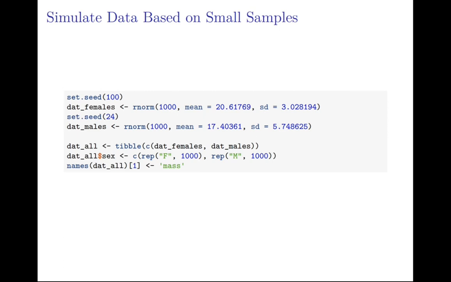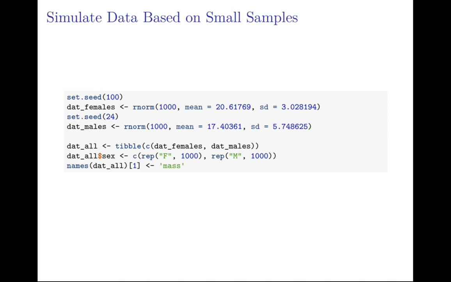It's often normally distributed. You could set your seed to 100 for females, and draw 1,000 draws from a normal distribution with a mean of your data from before, that 20.6, and a standard deviation of 3. You could do the same for your males, where you draw a bunch of times from a normal distribution with the mean and standard deviation that you calculated from your data.